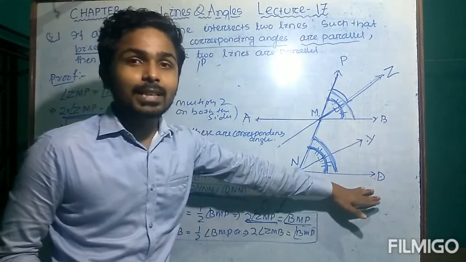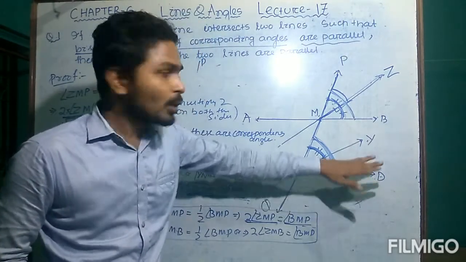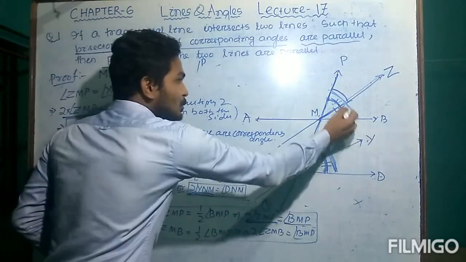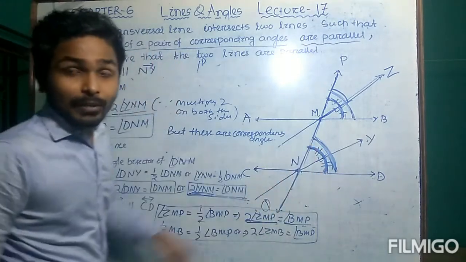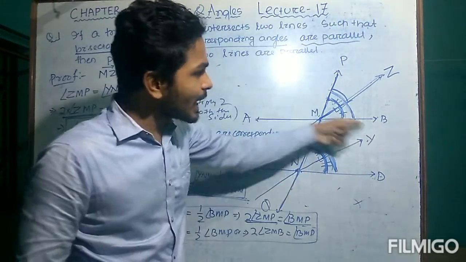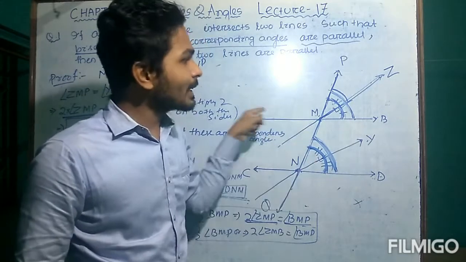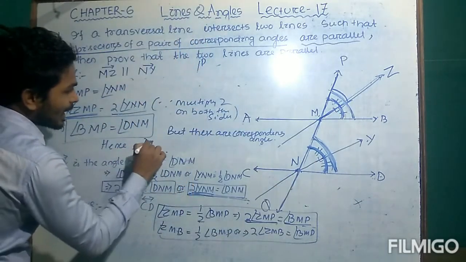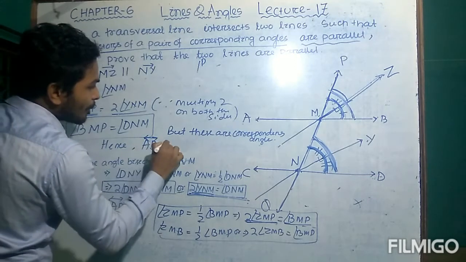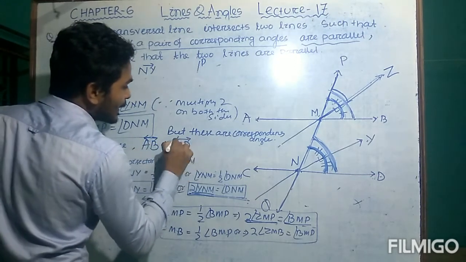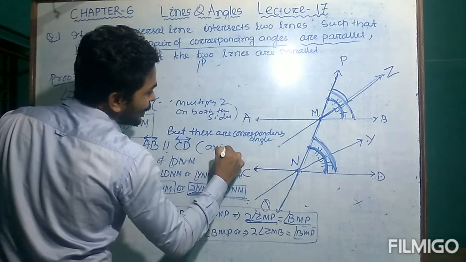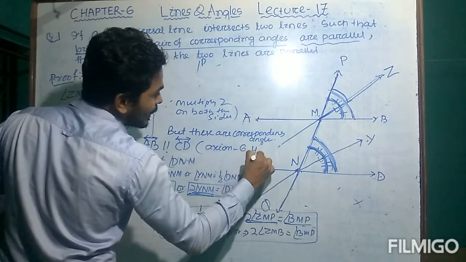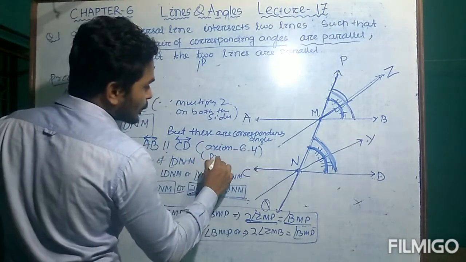Because according to axiom 6.4, if two corresponding angles are equal whenever a transversal line intersects any two lines at two distinct points, then these two lines will be parallel. So you can write: hence AB is parallel to CD due to axiom 6.4. Hence it is proved.